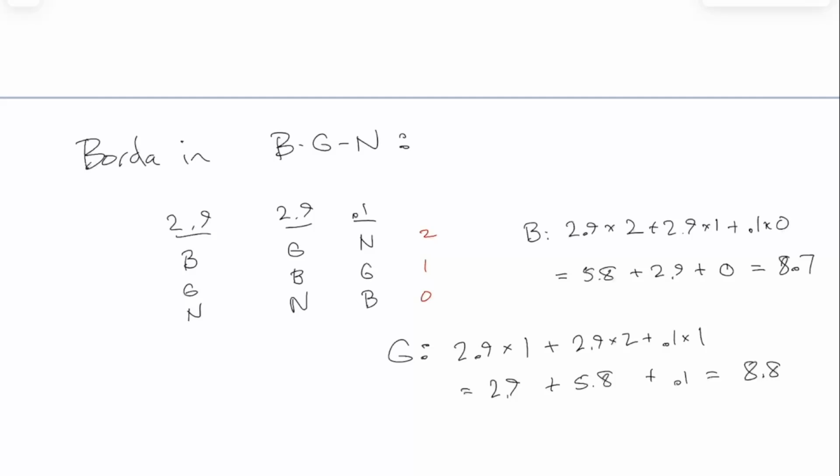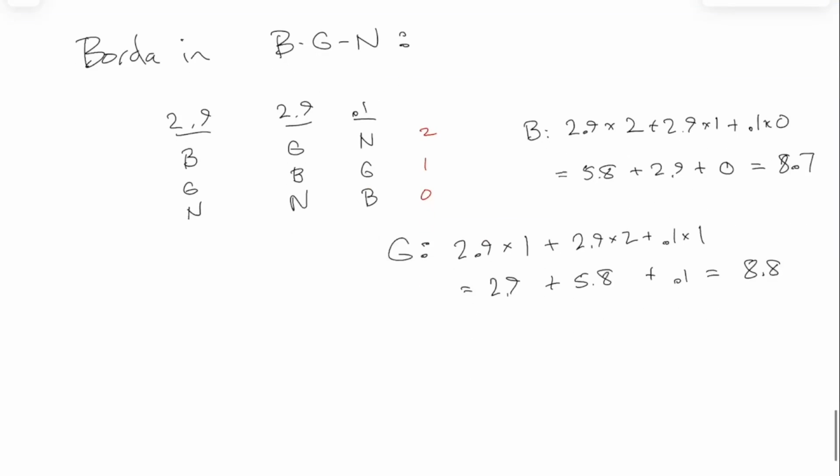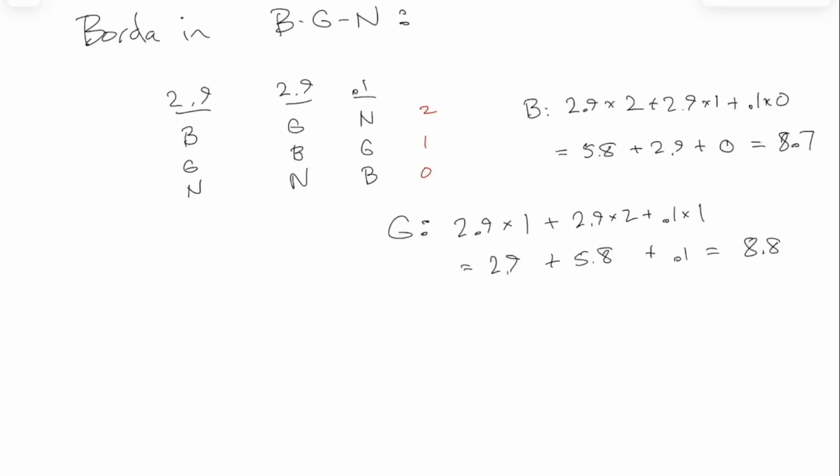And so you can see here, actually, Gore is going to win this election rather than Bush. Gore has slightly more points because of that last column, really. Although, for completeness' sake, we should add up the points for Nader. Nader's never going to win, but let's just do it.